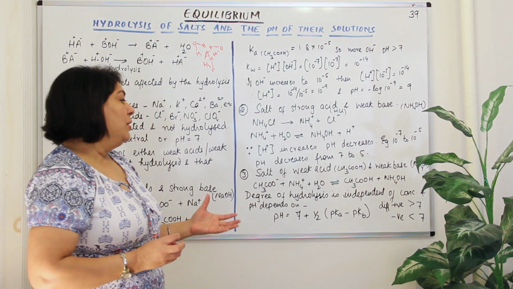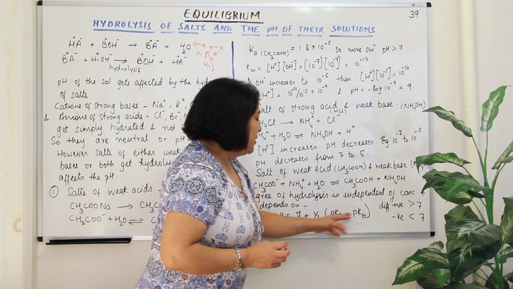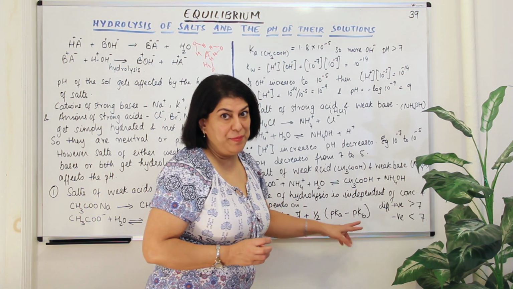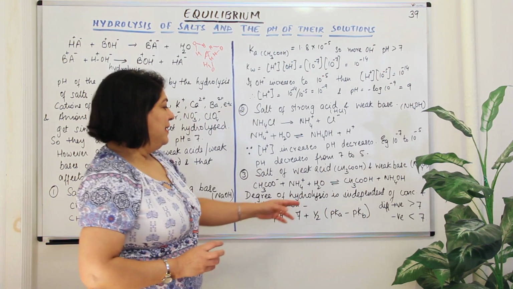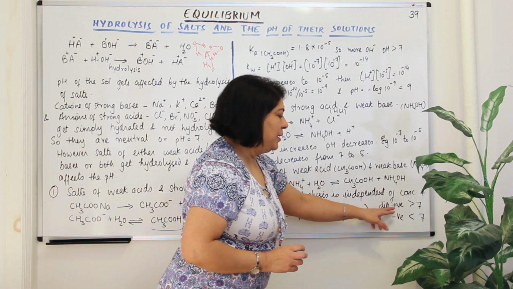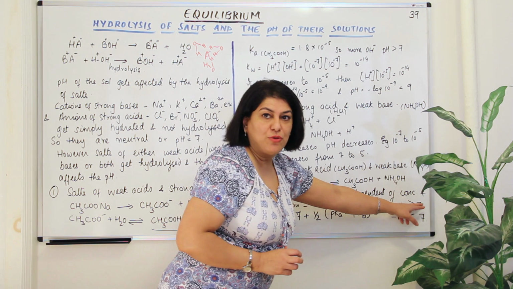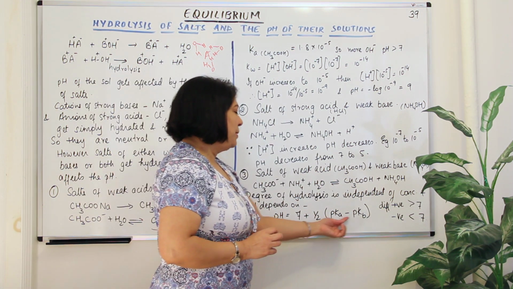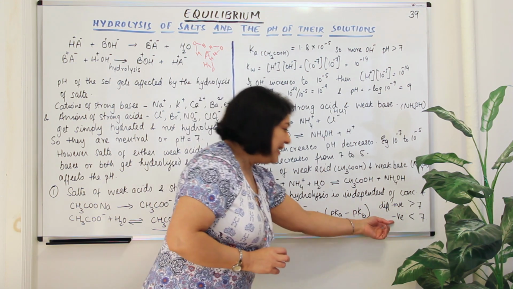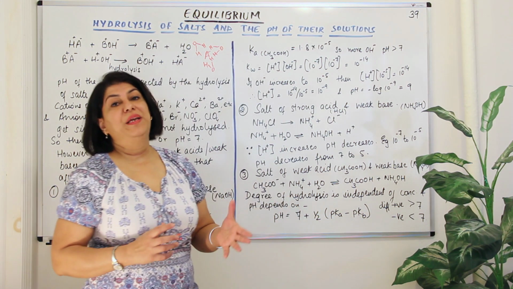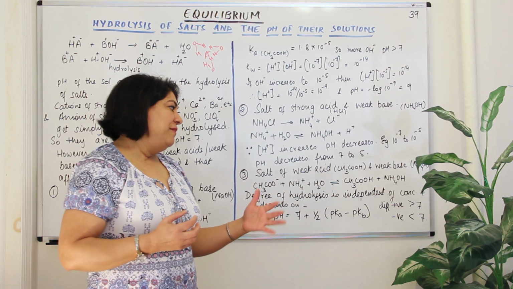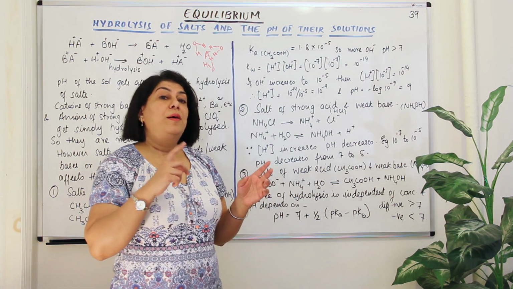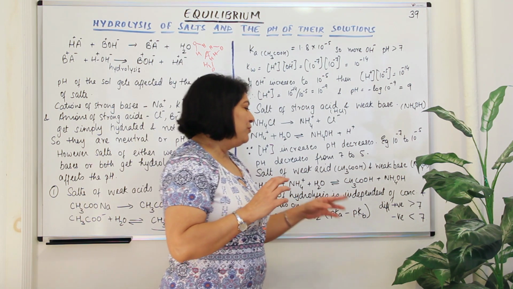This is the formula that you use to calculate the pH of the resultant solution. Now, if the difference between the pKa and pKb is positive, then the pH comes out to be greater than 7, and if the difference between the pKa and pKb values is negative, then the pH turns out to be less than 7.